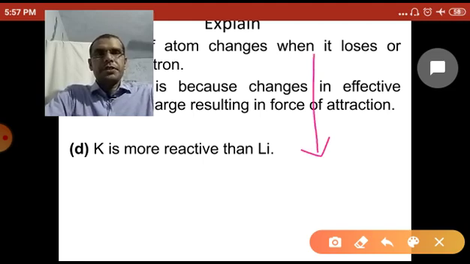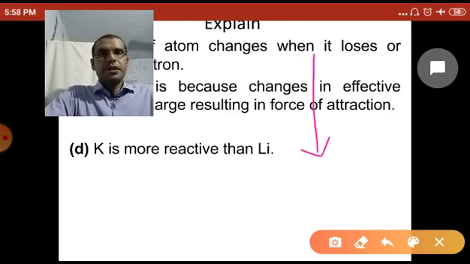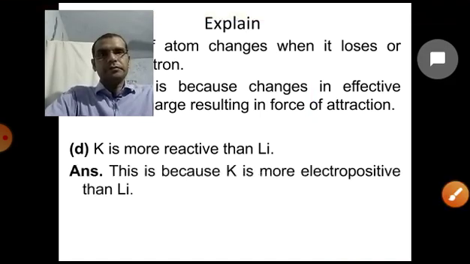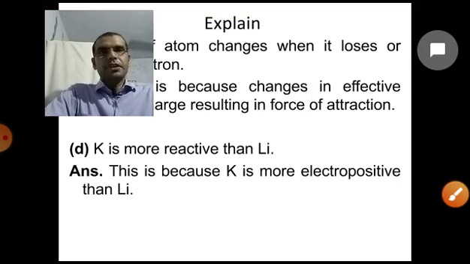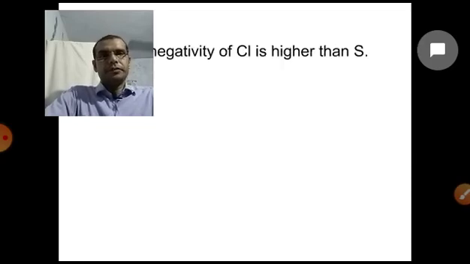Due to the increase in size, the valence electron is far away from the nucleus, so the pull force by the nucleus decreases, and the atoms can easily release their valence electrons. The metals which can easily release their valence electrons are more reactive than the other metals. This is because potassium is more electropositive than lithium.